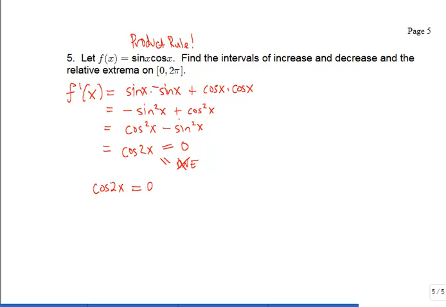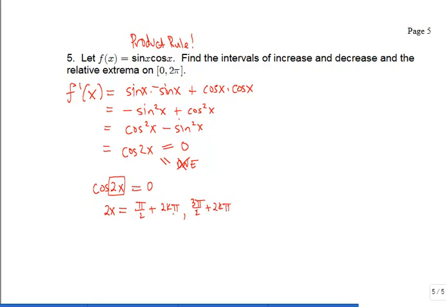So think about this for a moment. When does cosine of an angle hit 0? What does this angle need to be? Well, cosine hits 0 at pi over 2 and 3 pi over 2 and so forth. So this angle, this quantity 2x, needs to be pi over 2 plus 2k pi, or 3 pi over 2 plus 2k pi.